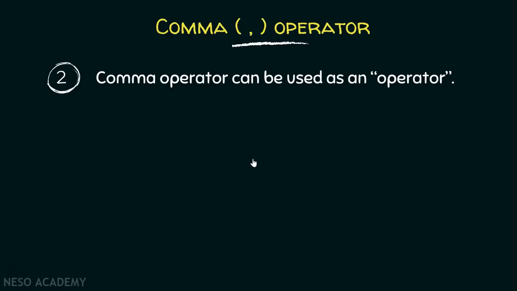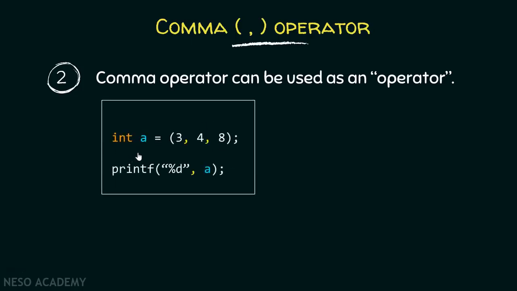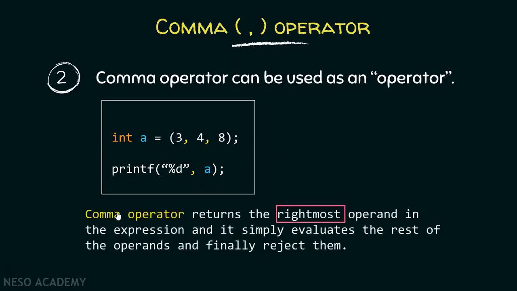Now let's try to understand this point as well. In this example, I declared a variable and assigned it an expression 3, 4, 8 with brackets and a semicolon. And we're trying to print the result of a. What would be the result? Comma operator returns the rightmost operand in the expression. Here in this expression, rightmost operand is 8.